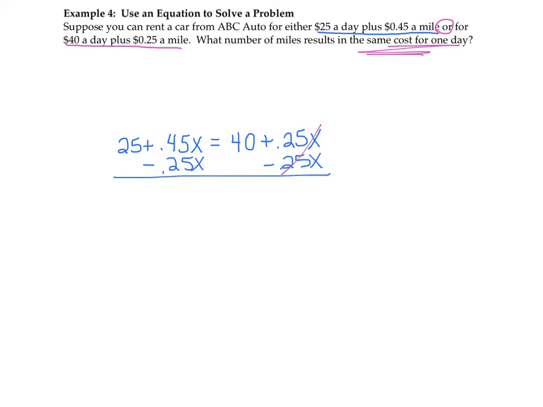These are going to cancel. So we have 25. 0.45x minus 0.25x is 0.20x or 0.2x, and that equals 40.